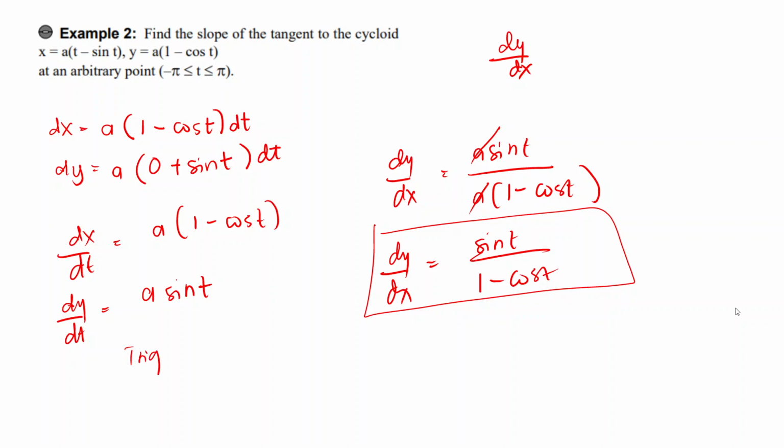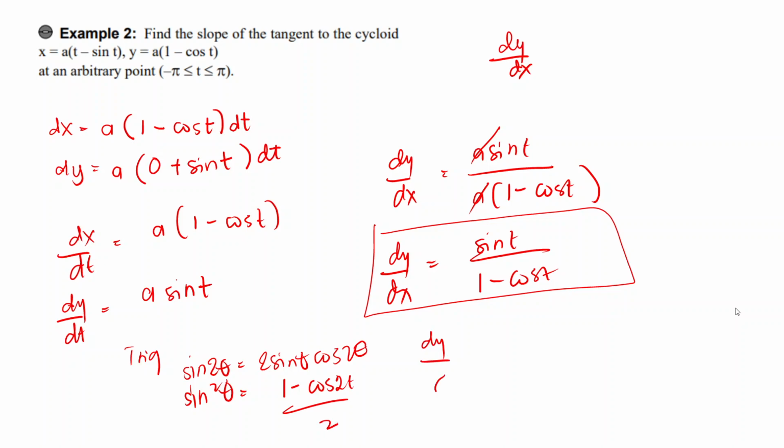If you remember the double angle, sine 2 theta is equivalent to 2 sine theta cosine theta, and sine squared theta is equivalent to 1 minus cosine 2 theta over 2. So we can use that here.